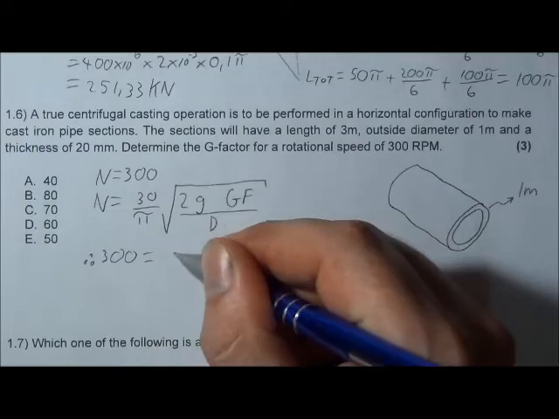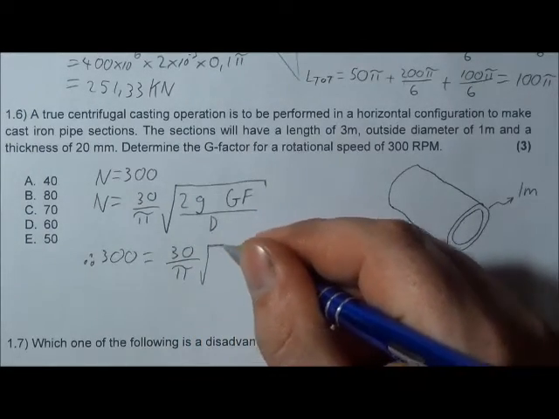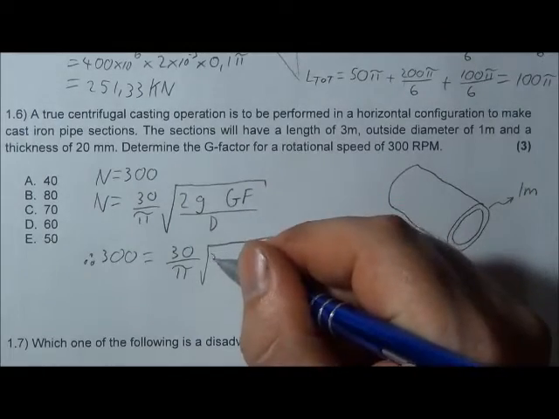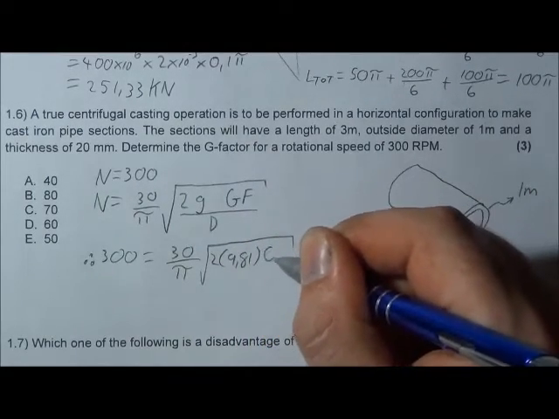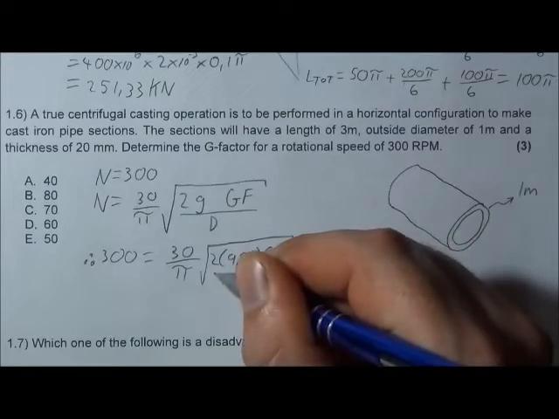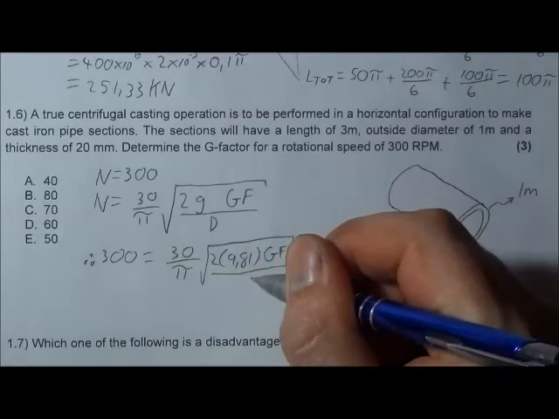So 300 is equal to 30 over pi square root of 2 times 9.81 times G factor divided by the diameter was given as 1.